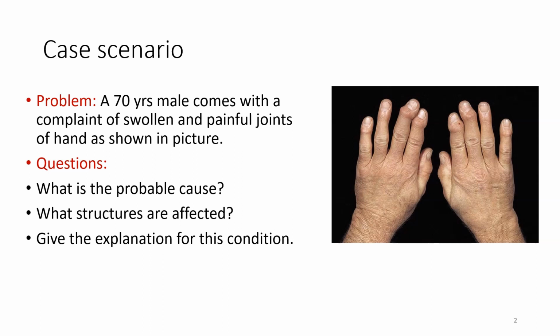After seeing this case, you should be able to answer what is the probable cause for this condition and what structures are affected. You should be able to give the explanation for this condition. After listening to the lecture, you will be able to answer these questions.